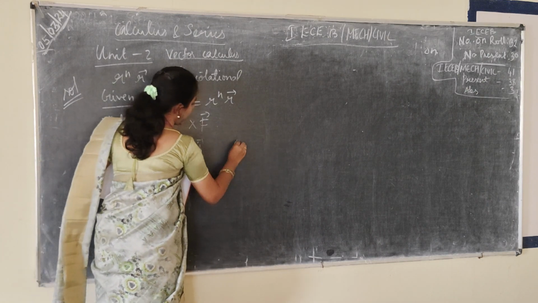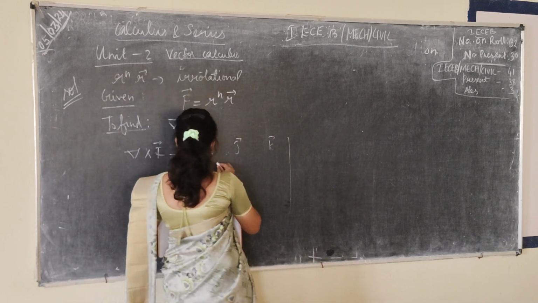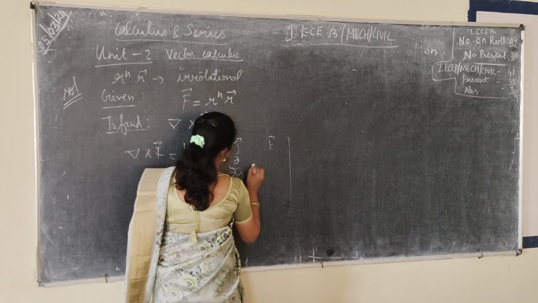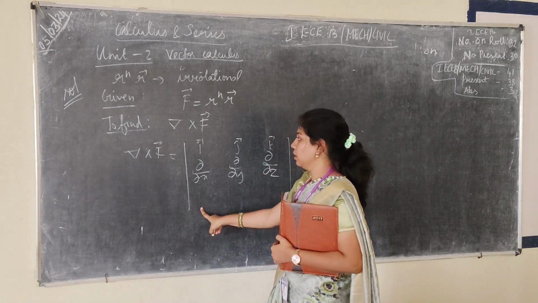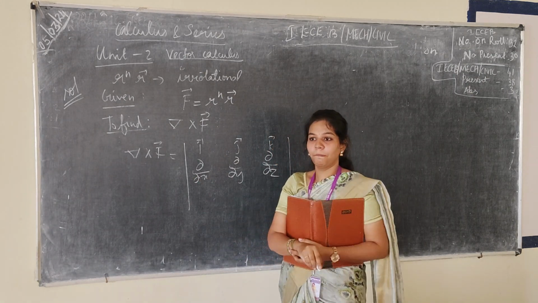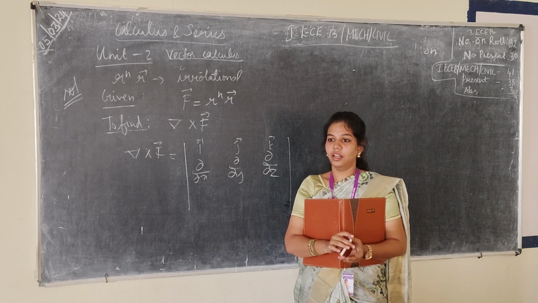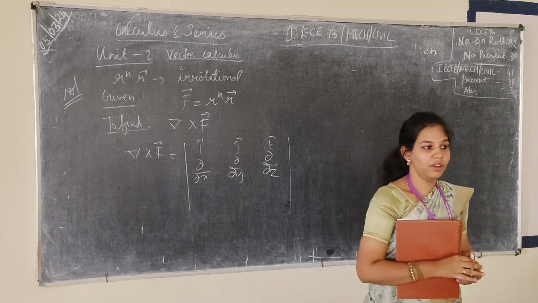Del cross f vector is the determinant with i, j, k, then dou by dou x, dou by dou y, dou by dou z, and for all three, R power n R vector will come.